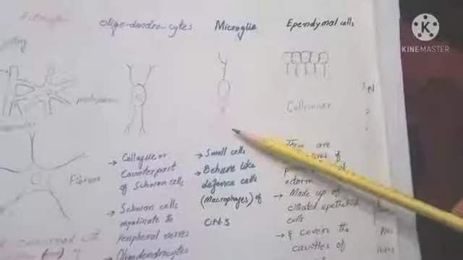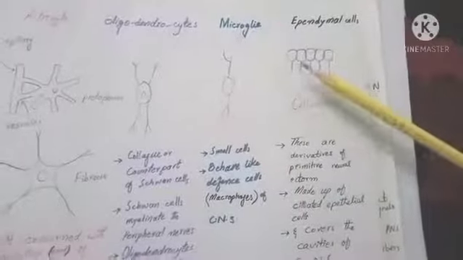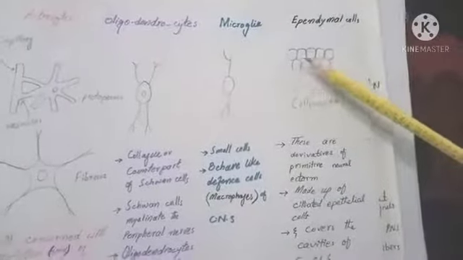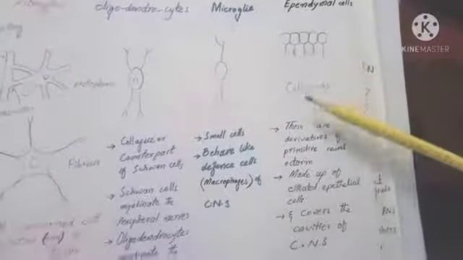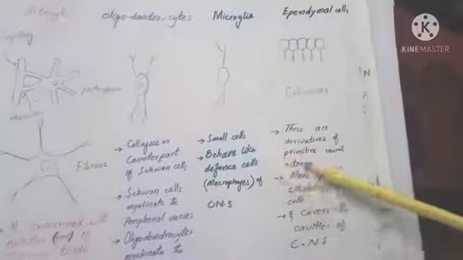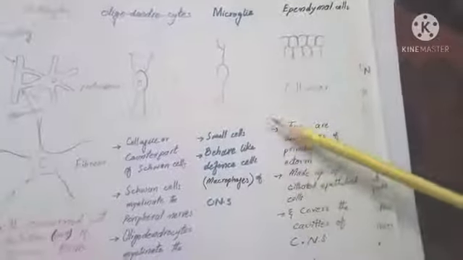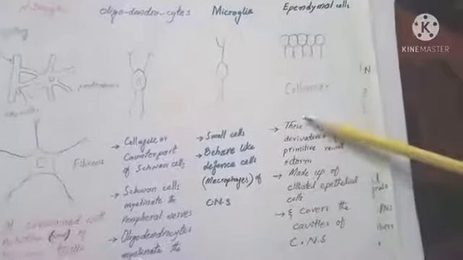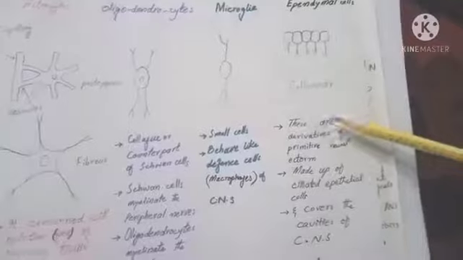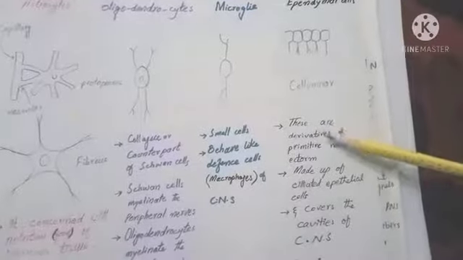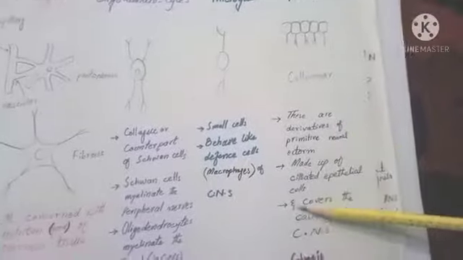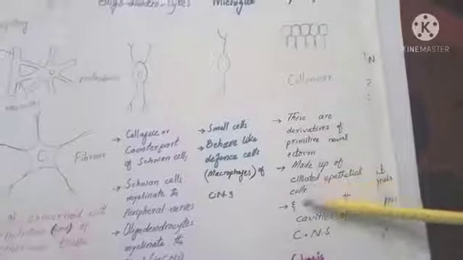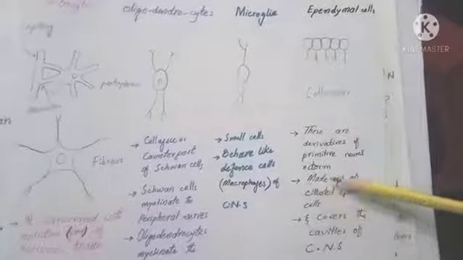And the last one is ependymal cells. You can see they are arranged like a column. These are derivatives of the primitive neural tube, if we go back to embryology, and are made up of ciliated epithelial cells. Ciliated means having cilia, like ceiling fans. These cover the cavities of the CNS.